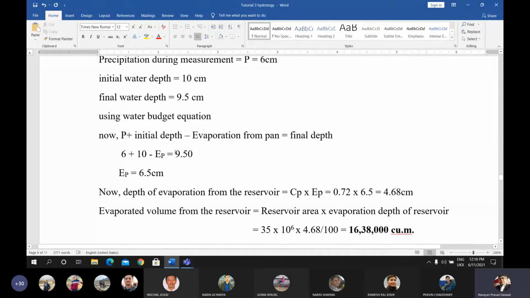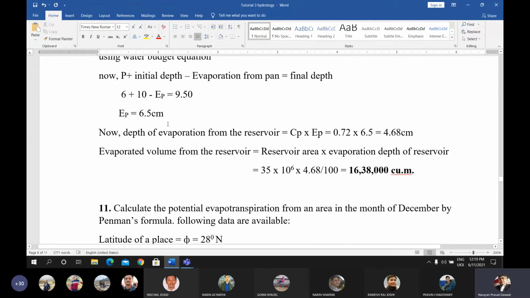Output is evaporation loss, which gives the final depth of the pan as 9.5. Now EP, the evaporation from the pan, will be 6.5 centimeter.